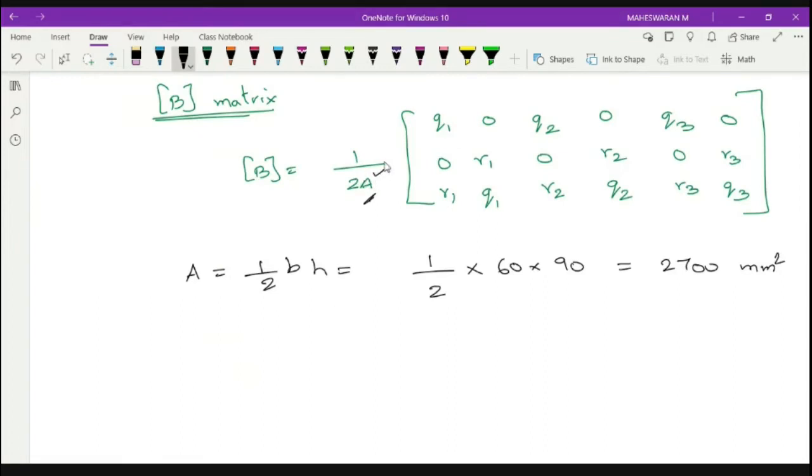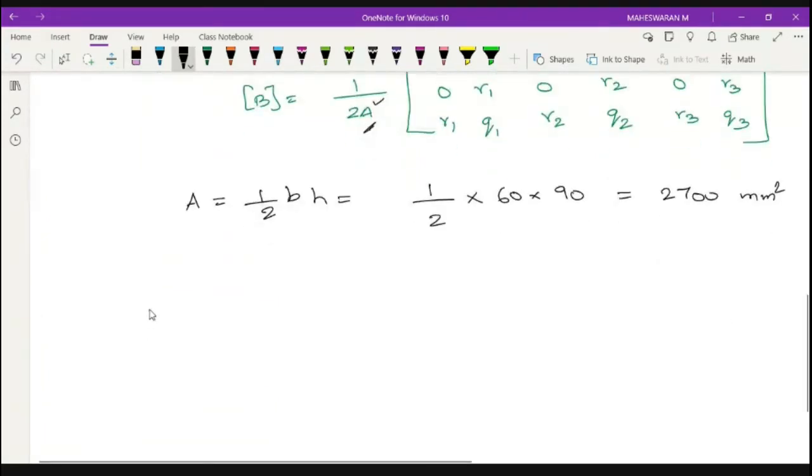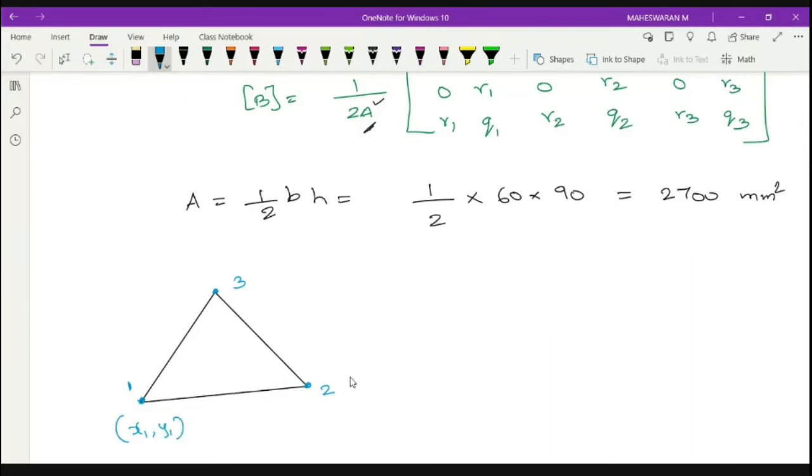Okay, this is over. Now I have to identify Q1, Q2, Q3, R1, R2, R3. To identify all the other values, let me consider this triangle here. There are some points: this is my point 1, this is point 2, and this is point 3. Let me identify the coordinate points: x1, y1, x2, y2, and x3, y3.